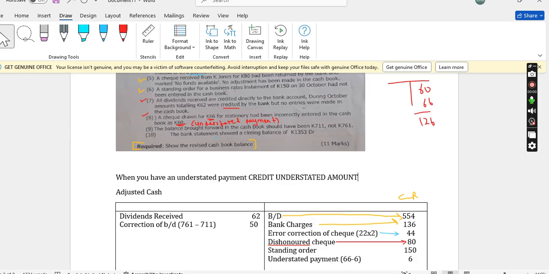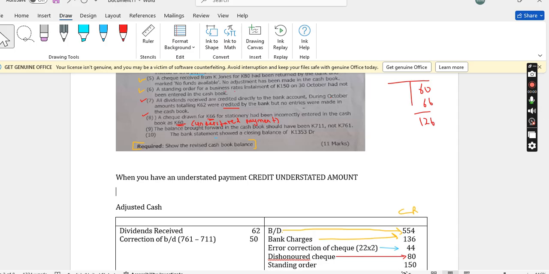Okay, so here the understated amount, since it was supposed to be 66, we put 60. So 66 minus 60, you get 6. The understated amount was 6 kwacha.